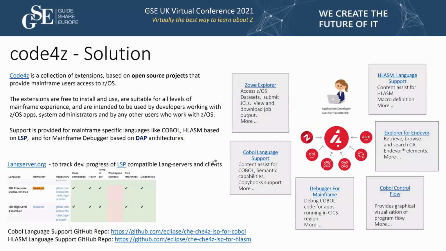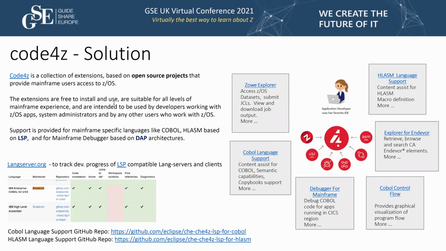Okay, let me continue with the code for this solution. This is exactly the solution which I explained, LSP and DAP. Using these two protocols as part of this Code4z all-in-one package of extensions, we are providing the COBOL language support and debugger for mainframe, and HLASM for the assembler language as well.